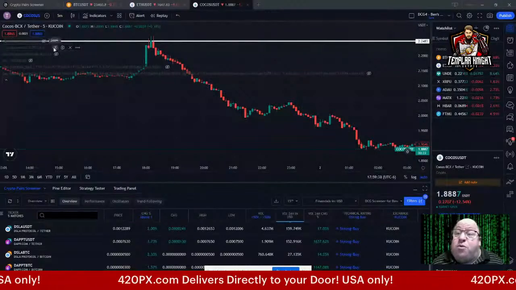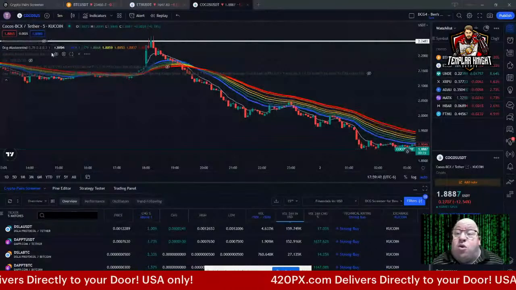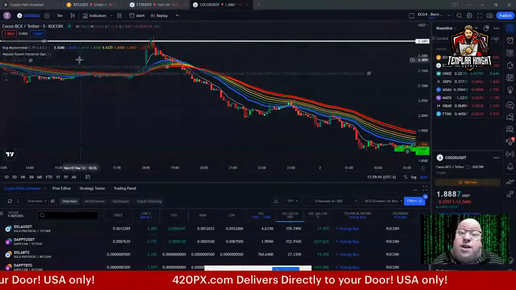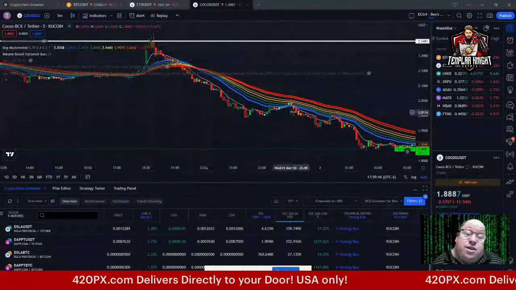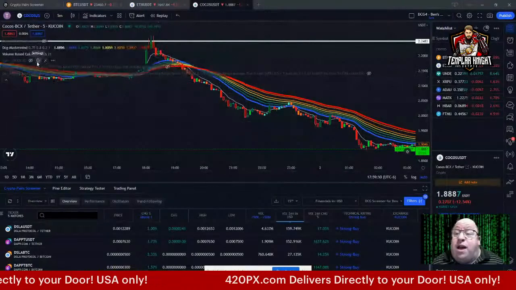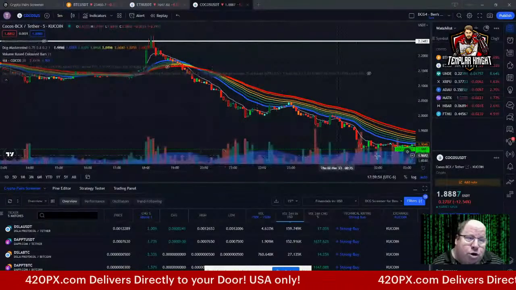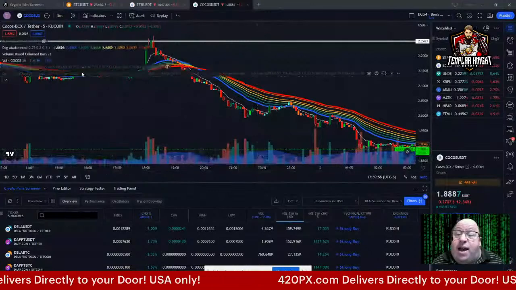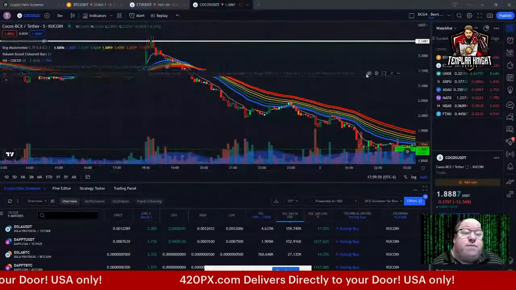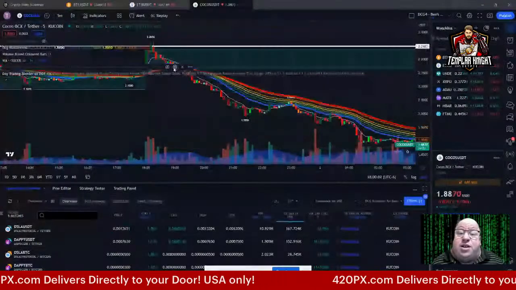For example, the colored lines, or turning the bars different colors, turning the candles different colors based on certain criteria, adding volume, a volume chart here on the bottom, adding the resistance and support levels, adding the FVGs.